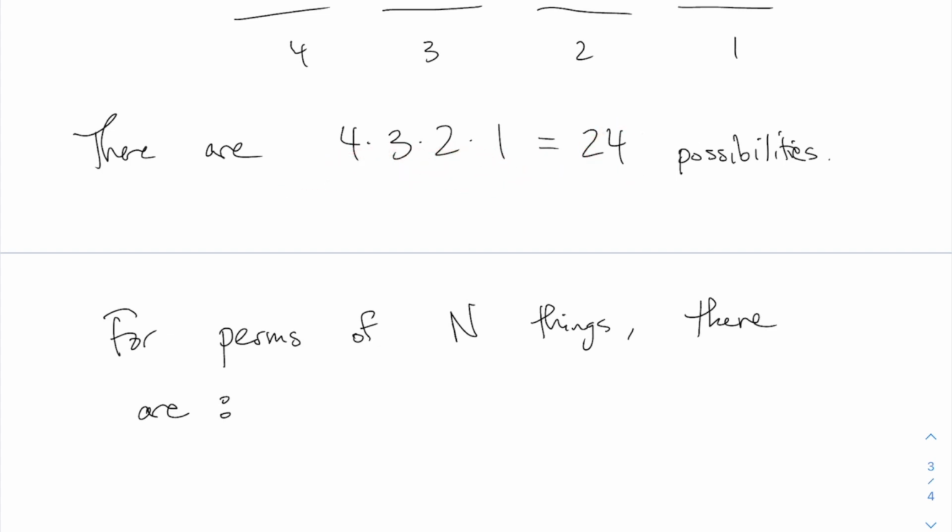I don't know if you ever did this on your calculator when you were a kid. 1 times 2 times 3 times 4, you just keep on doing that. So if you have 4 things, you go up to 4. If you have n things, then it would be 1 times 2 times 3 times 4 times, etc., until you get to n, whatever that is. There are this many permutations.